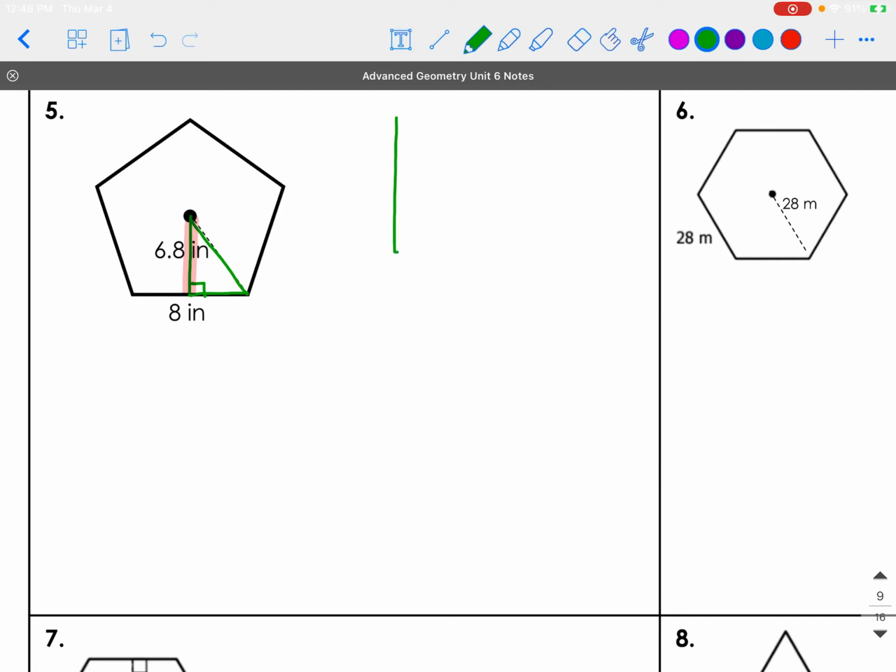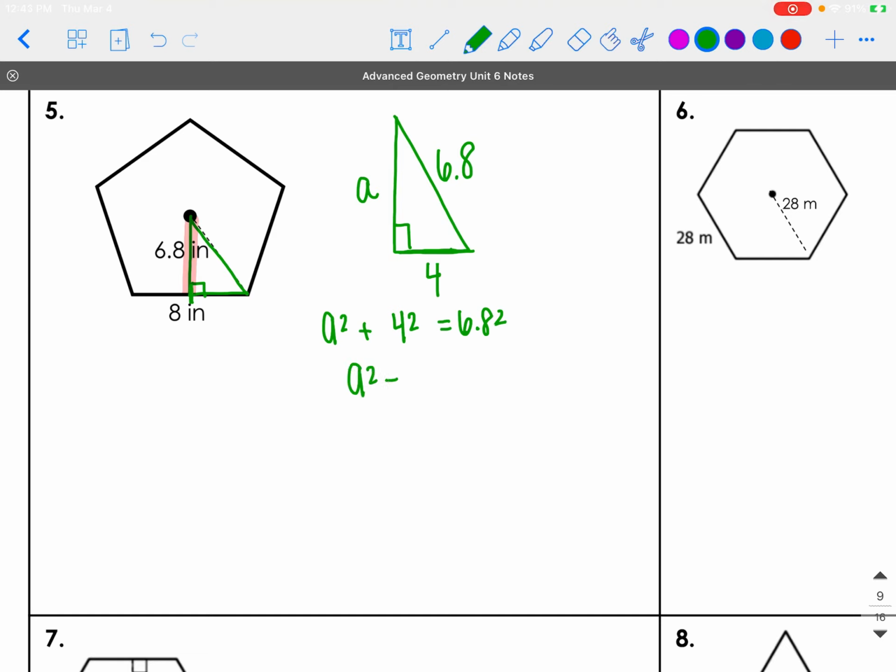So I have a right triangle. This is 6.8. This is my apothem. Now the base of my triangle would be 4 because it's halfway through the side and the whole side is 8. So half of 8 is 4. So we're going to do Pythagorean theorem. You can use Pythagorean theorem when you have two sides of the 3. So a squared plus 4 squared equals 6.8 squared.